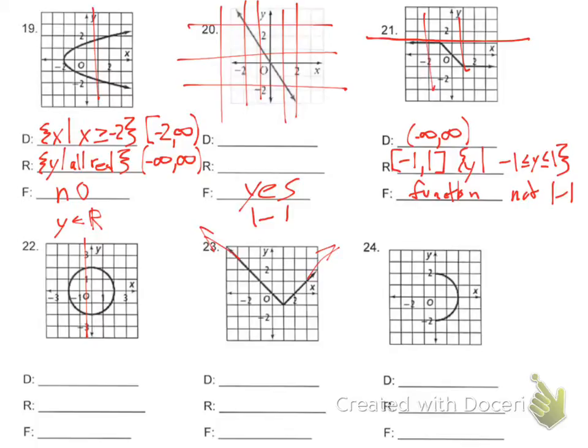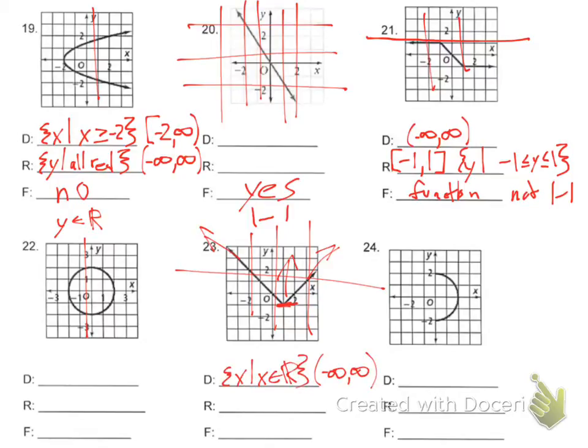This is negative 1 and it goes up. So therefore it goes from negative 1 to positive infinity. Is this a function? Yes, it's a function because it passes the vertical line test. It's not one-to-one because I just found one instance where it doesn't work on a horizontal line test.